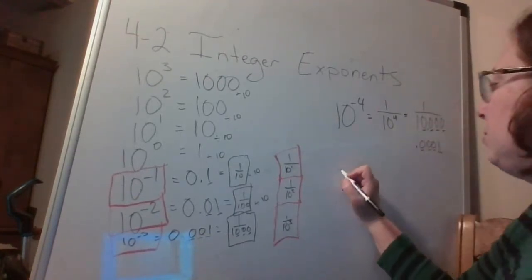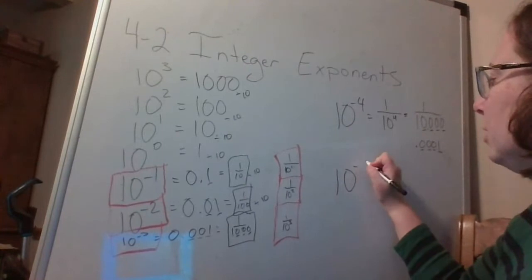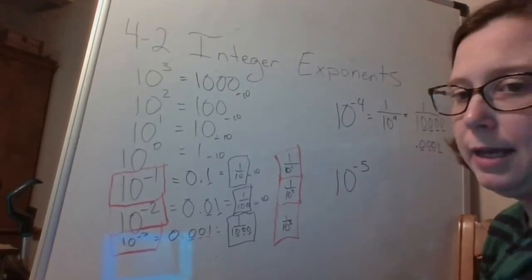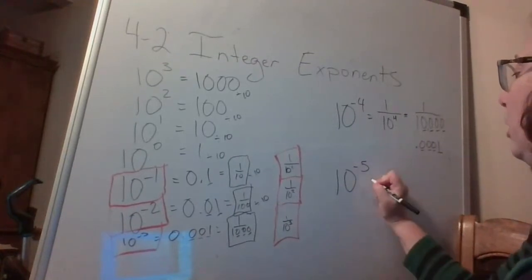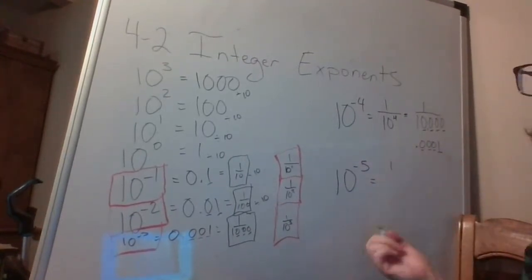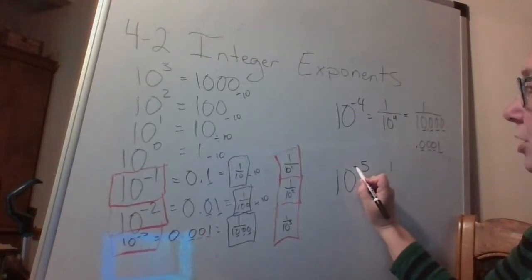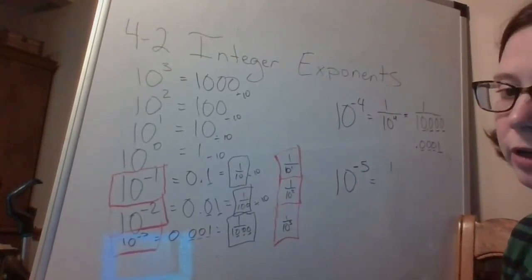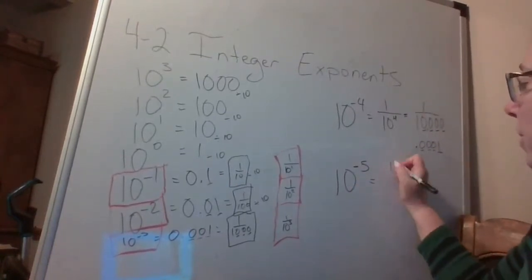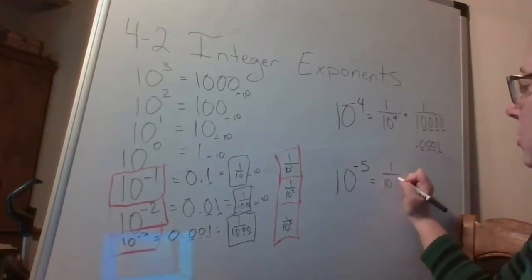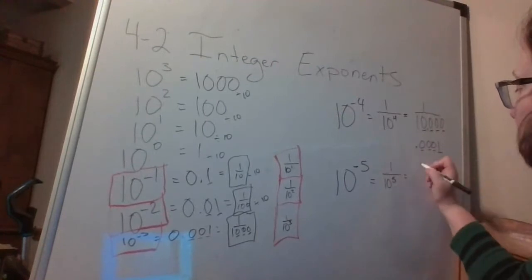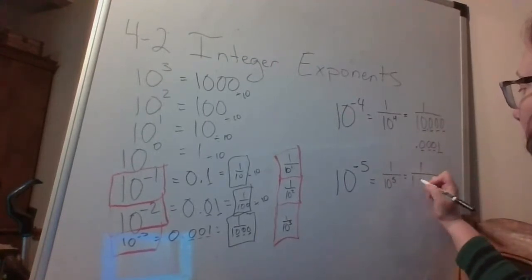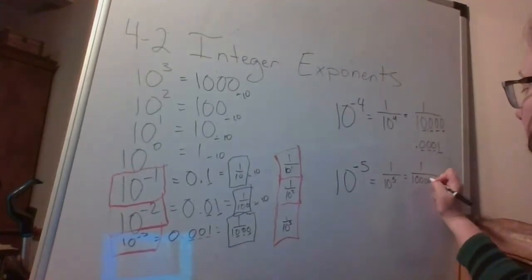The next example is another power of 10, 10 to the negative 5. So we are going to make it 1 over. We're going to ditch this negative in our exponent by making it 1 over 10 to the 5th power. 10 to the 5th would be a 1 with 5 zeros.